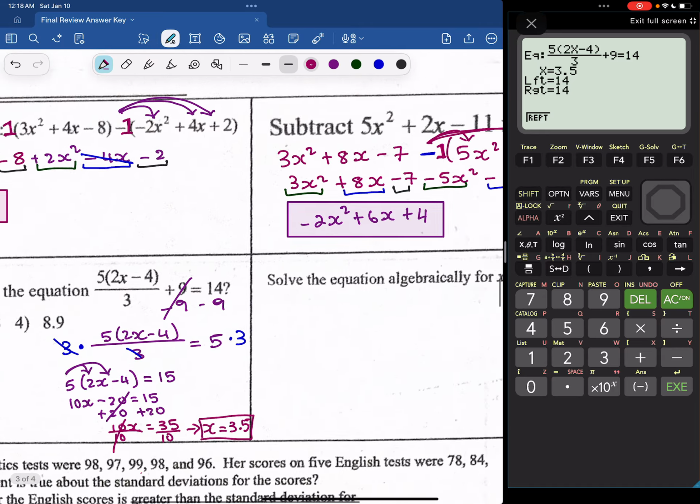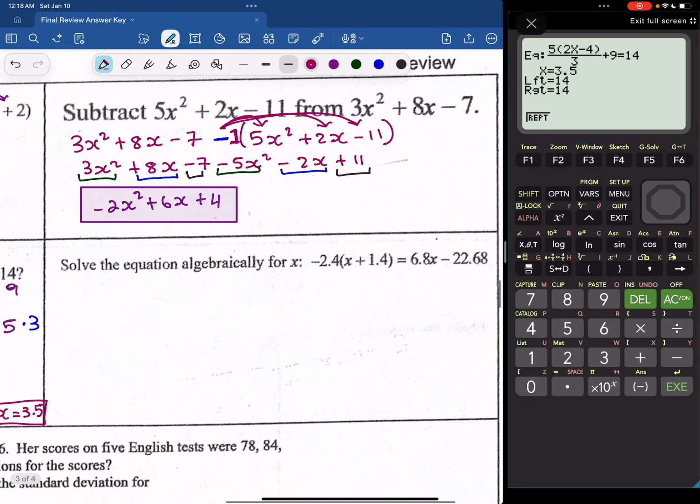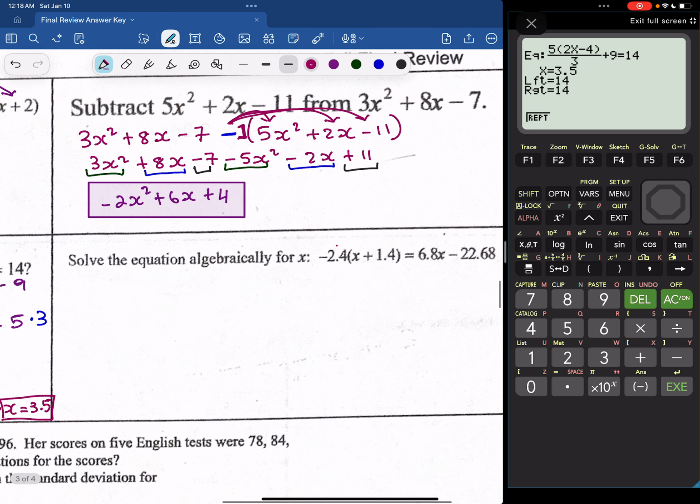All right, next question. Solve the equation algebraically for x. All right, so first thing we want to do here is distribute. So we see that we have a negative 2.4 and we have a parentheses. So first thing we're going to do is distribute this negative 2.4.